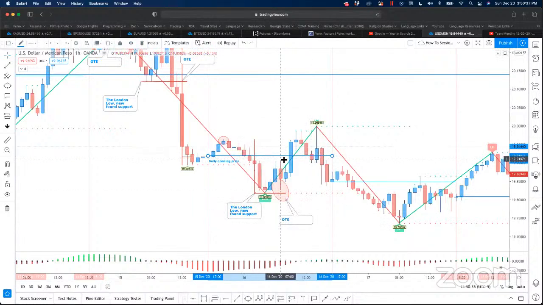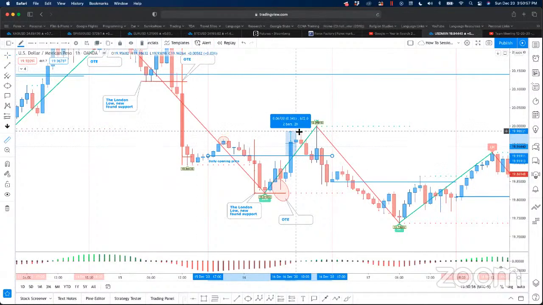Okay. The next time you could trade this is, in this case, the break of the opening price right here. You would have got a little trade out of this because you only traded from this to here.